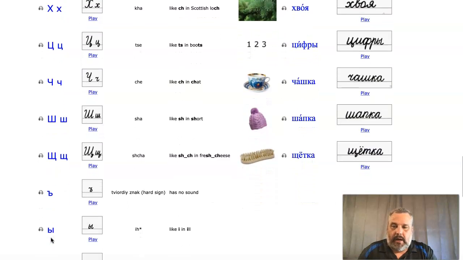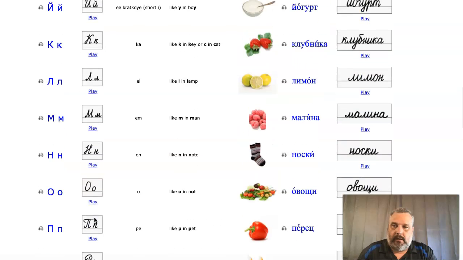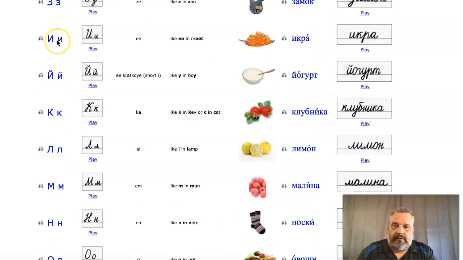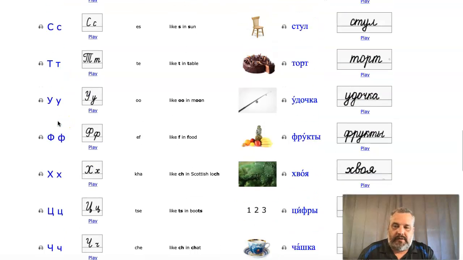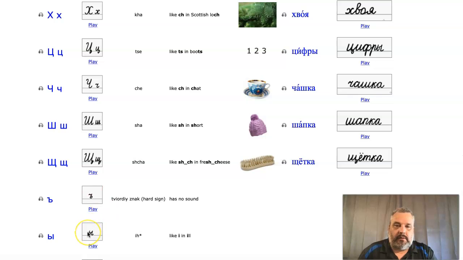Next one is yery, is what they call it. Now remember, E up here is just straight E. This one is kind of like saying E in the back of your throat.